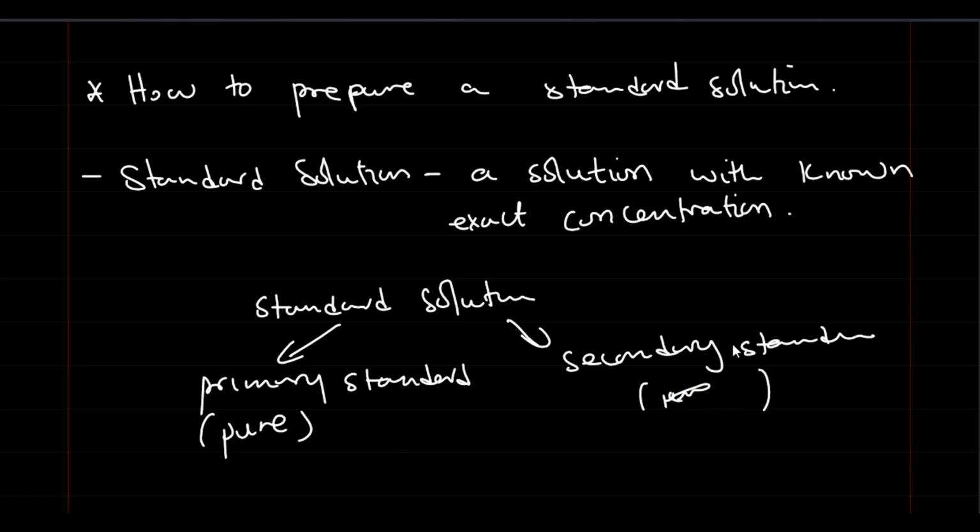Okay, and this one is used depending on whatever reaction you want to perform, also used in analytical chemistry in titrations. Most of the solutions that we use are secondary standards, okay, but what you have to know is that they are standard solutions.